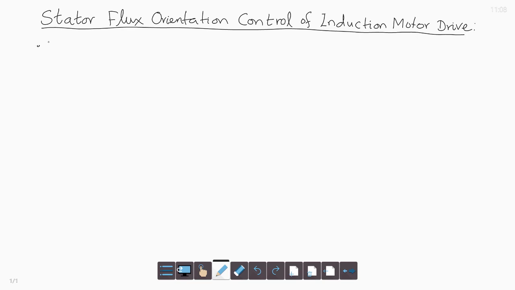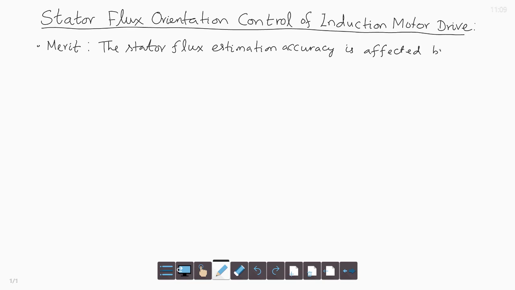So, merit of stator flux orientation: the stator flux estimation accuracy is affected by stator resistance only, as you understand, not rotor resistance.